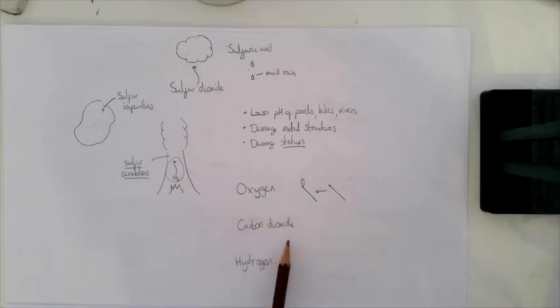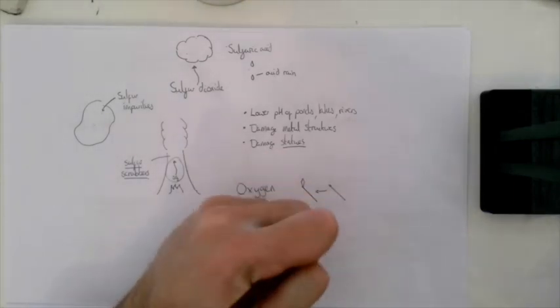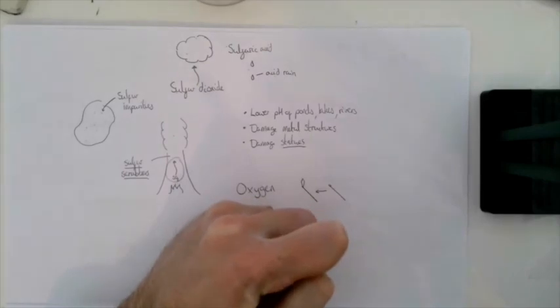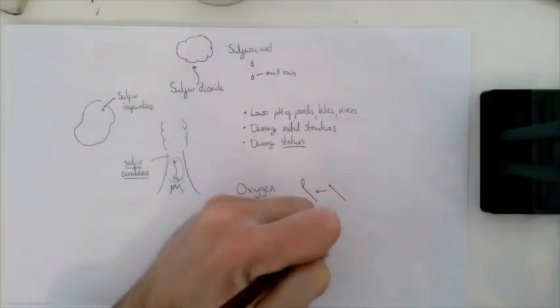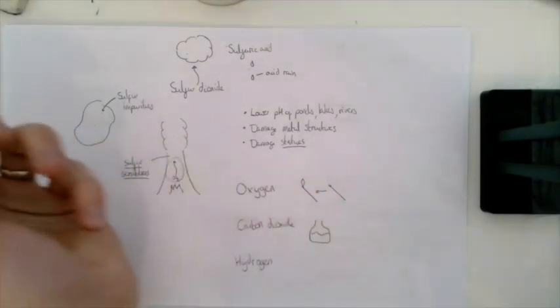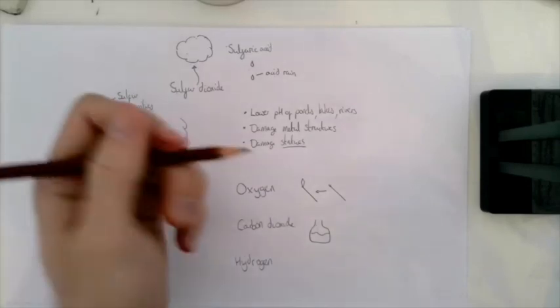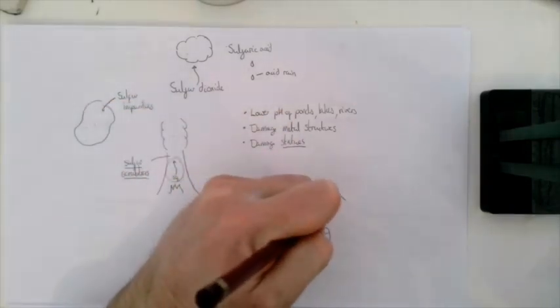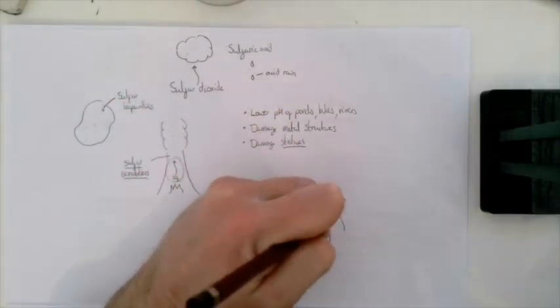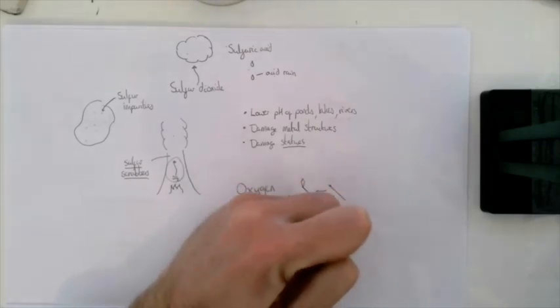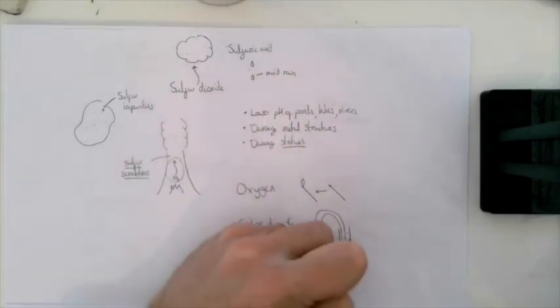Next, for carbon dioxide, what you do is, let's say you've got a reaction and it's fizzing, so it's making carbon dioxide, but you don't know that quite yet. What you can do is you can funnel the carbon dioxide into a container filled with lime water, and it will bubble through the lime water.